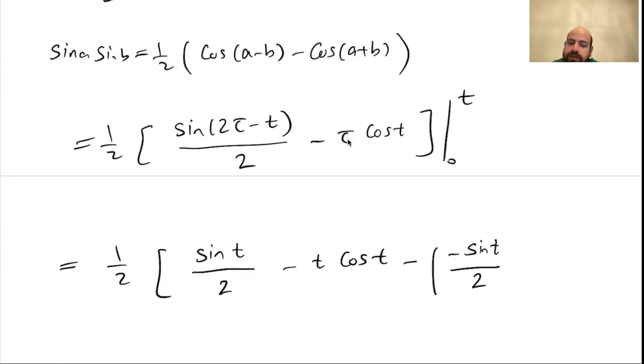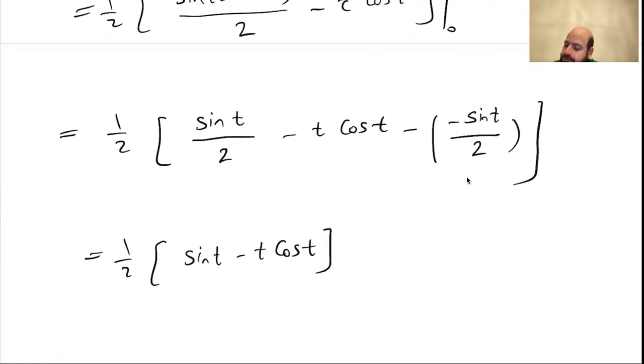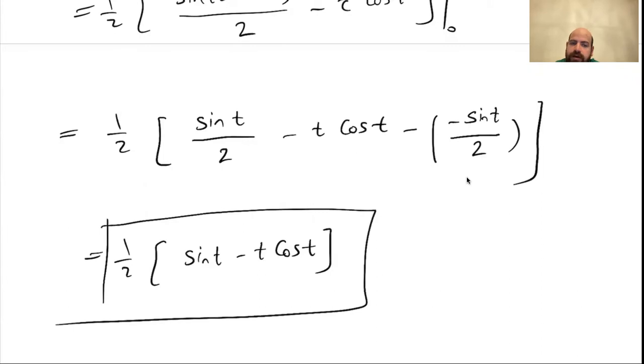And if I replace tau with 0 in the other term, that will be 0. And then it will be 1/2 times, now sine t over 2 plus sine t over 2 will be sine t. So sine t minus t cos t. So this will be our final answer.